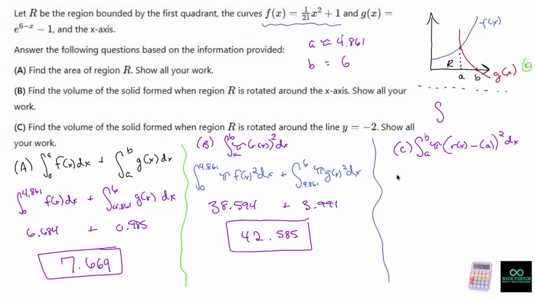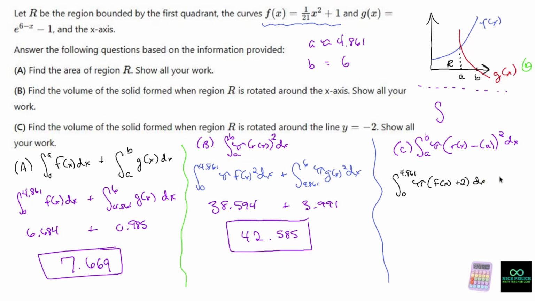So what that's going to look like here is I'm going to have an integral from 0 to 4.861 of pi f of x minus -2 or plus 2 dx.